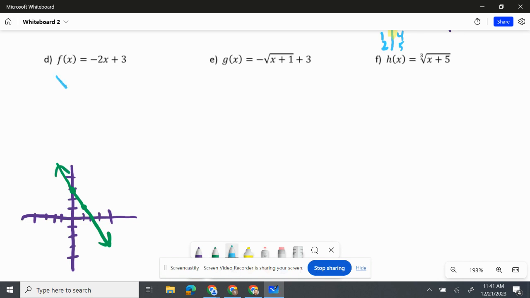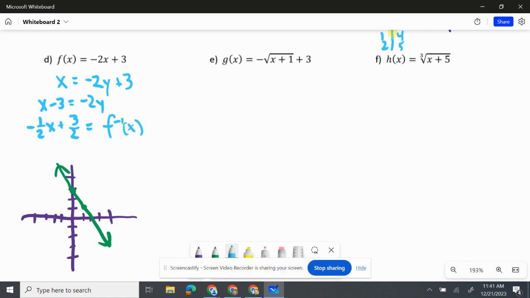I switch the x and the y. I subtract the 3. I divide by negative 2. So I get negative 1/2 x plus 3/2 is equal to the inverse of f of x.